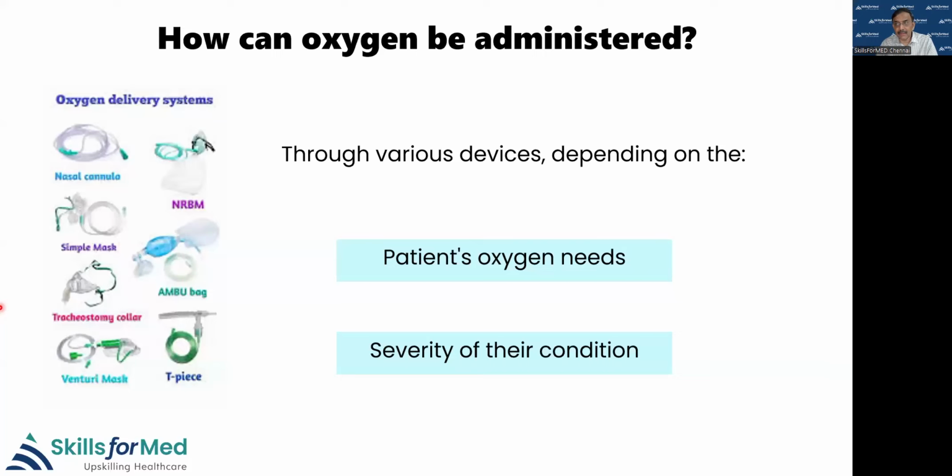I hope you remember that; otherwise, you can go to YouTube and watch it. Here we are focusing on the oxygen delivery device. We have to choose these devices based on the oxygen needs of the patient and the severity of the condition. So it is very important to know which device to choose for which patient.